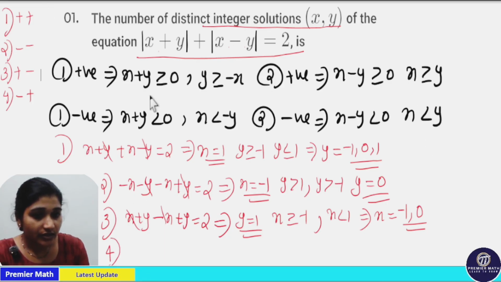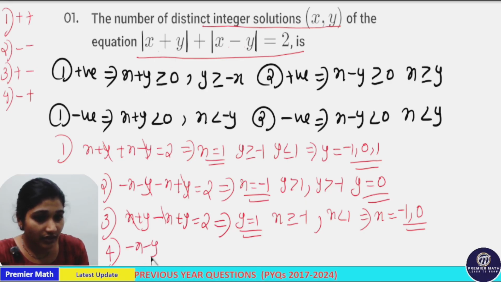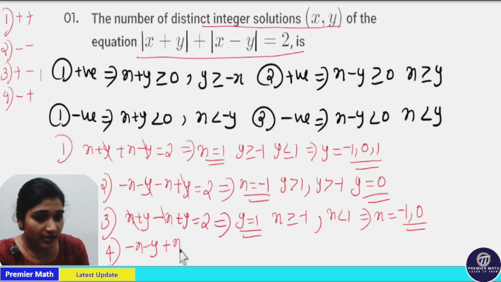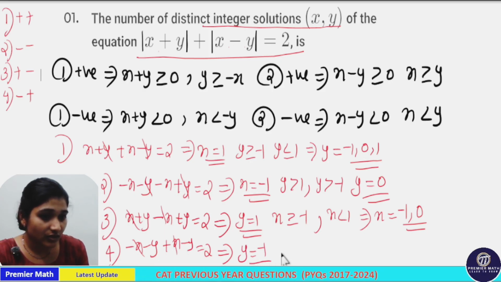From the fourth condition, the first one is negative, so negative x minus y, and the second one is positive, so plus x minus y, which is equal to 2. Here x cancels. Minus 2y is equal to 2 means y is equal to minus 1.